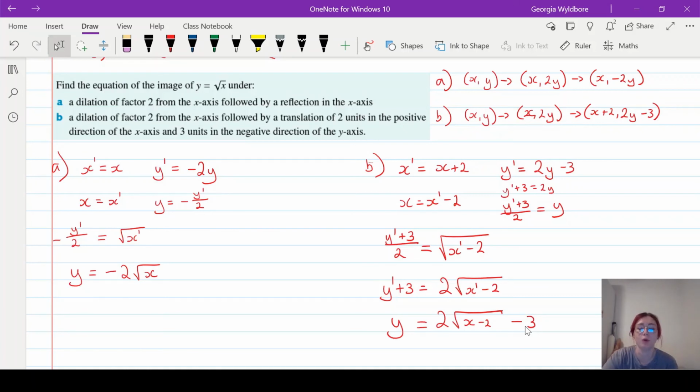Now, of course, once you're more familiar with these and how they work and you've had a bit of practice, you're absolutely welcome to just jump straight from the descriptions, using the rules that we learnt, to go straight there. So, for example, knowing that your (x, y) mapping to (x, by) ends up as y equals b f(x).